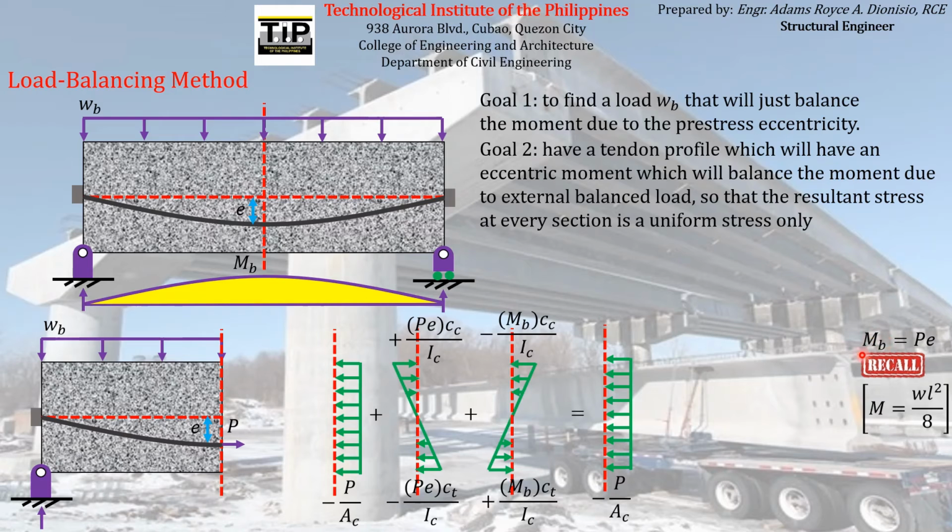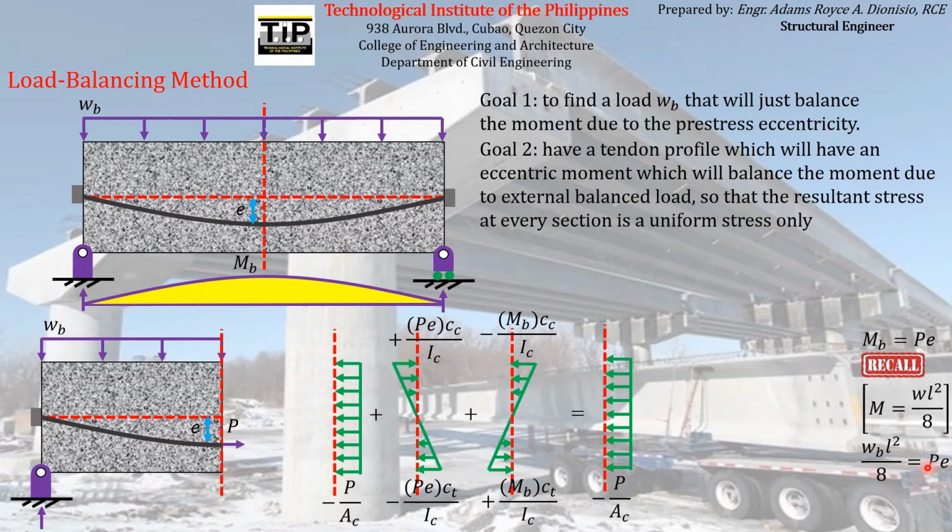Therefore, we can change this MB here by WL squared over 8, also changing W with WB, the balance load. So that bending moment, which is now equal to WBL squared over 8, is equal to the product of the pre-stressing force and its eccentricity.